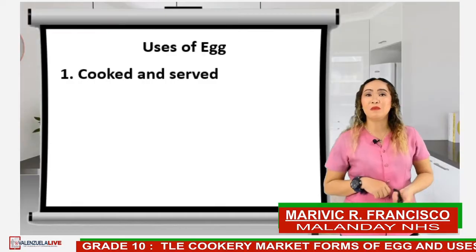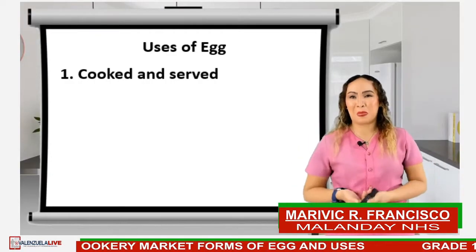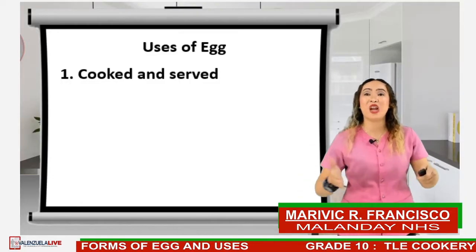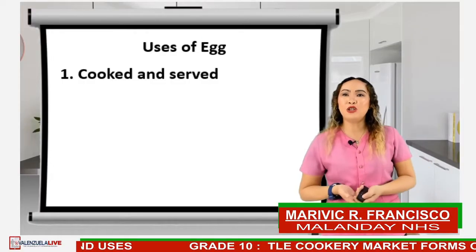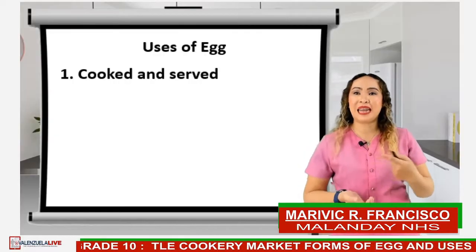All right, so you can not only eat eggs on their own. That's true. But you can use eggs in the preparation of other dishes. In this lesson, you are expected to identify the unique properties of an egg.